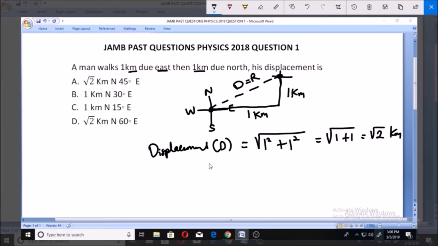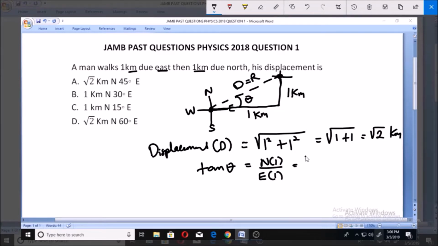But whenever you're talking about displacement, you need to check both the distance and the direction. So the direction here we can find using tan theta. If you have here as the theta, the tan of this is simply this over this. So the direction to the north, which we know is 1, all over the direction to the east, which we also know is 1.